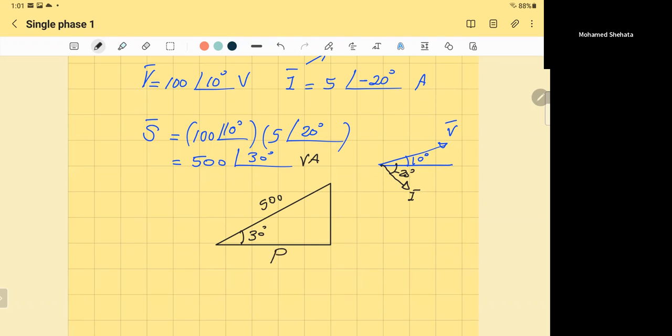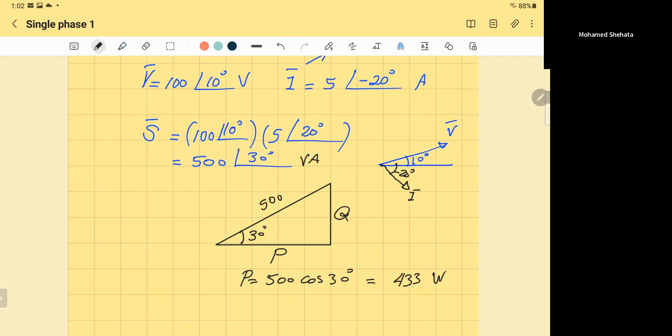So that's P, that's Q. Can you find the power P? Can you find the reactive power Q? Yes, you can. P here will be 500 times cosine 30. That would be equal to 433.